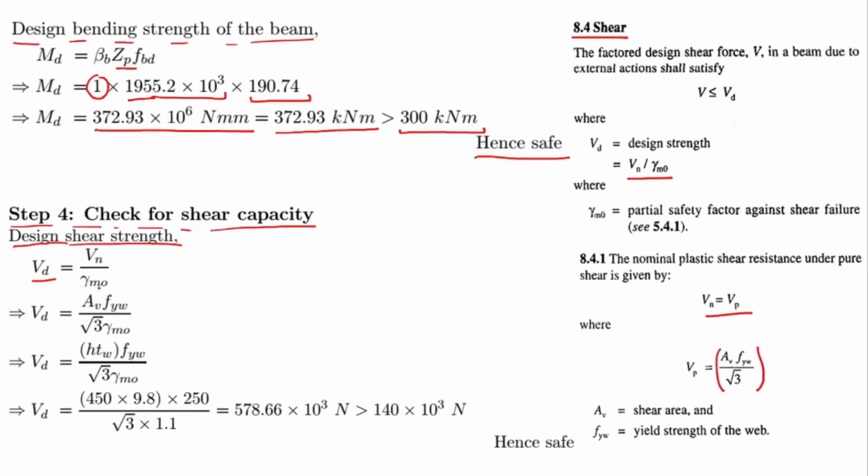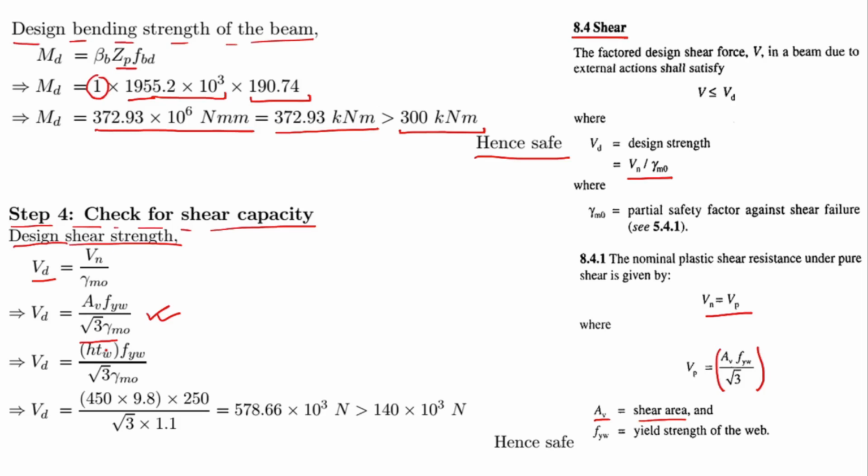So if I put the value of Vn, finally the expression for VD will be this one, and then again AV, which is the shear area, is equal to HTW, as the shear force is resisted by the web portion.